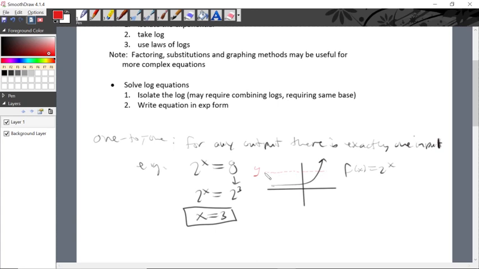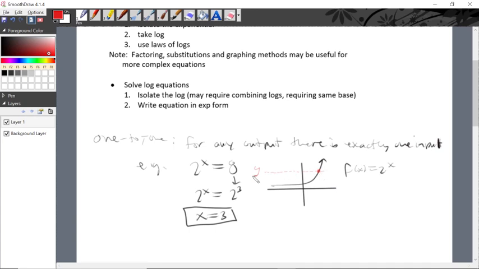Y is equal to a constant for any horizontal line, and as long as we choose it within the range, if we see that it only ever intersects the graph in one location, no matter what horizontal line we choose, then we declare the function to be one-to-one, hence it's going to be invertible.